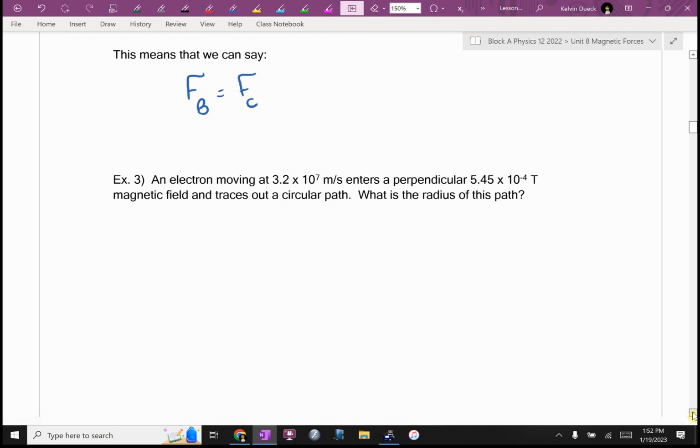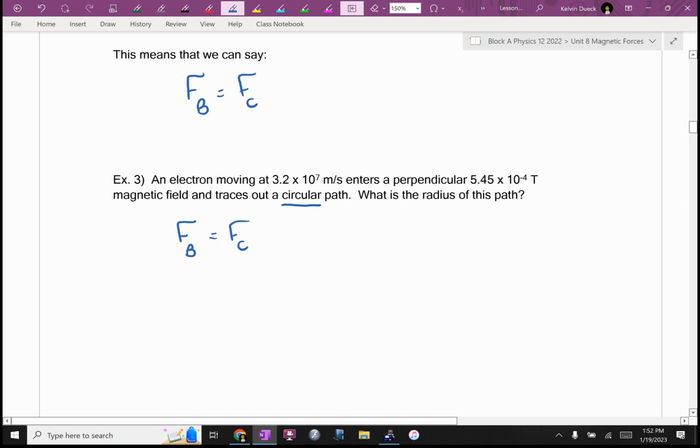An electron moving at 3.2 times 10 to the 7th meters per second enters a perpendicular magnetic field and it traces out a circular path. What's its radius? Okay. I got circular path. I got magnetic forces. You know what I can say? Magnetic force is what's pushing me in a circle.